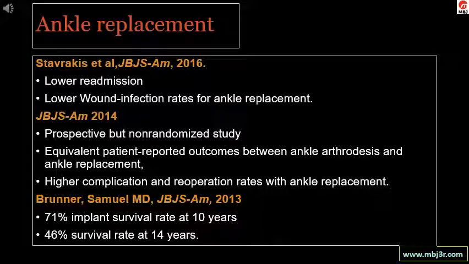One prospective and non-randomized study reported equivalent patient-reported outcomes between ankle arthrodesis and ankle replacement and higher complication and reoperation rates with ankle replacement. In an even longer term follow-up study on the same mobile bearing prosthesis, Burner and colleagues reported 71% implant survival rate at 10 years, but only 46% survival at 14 years.